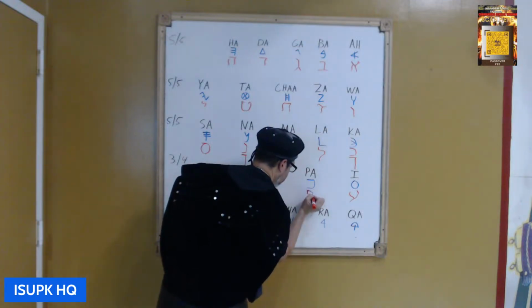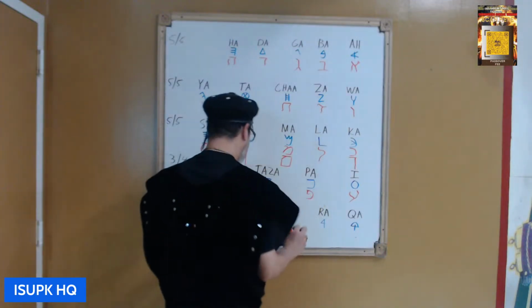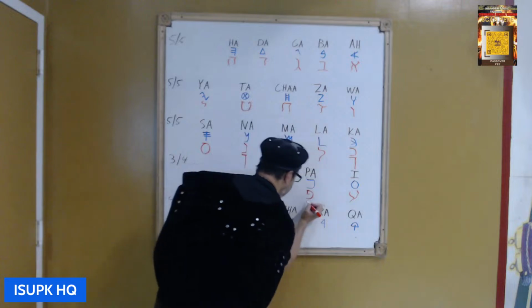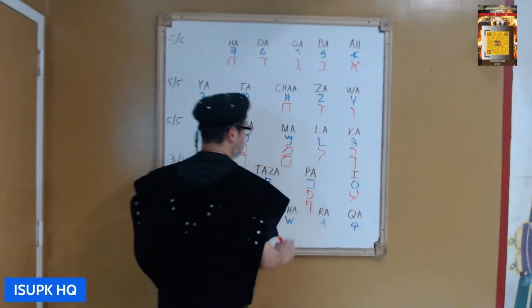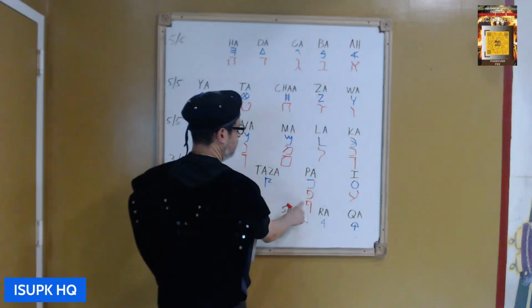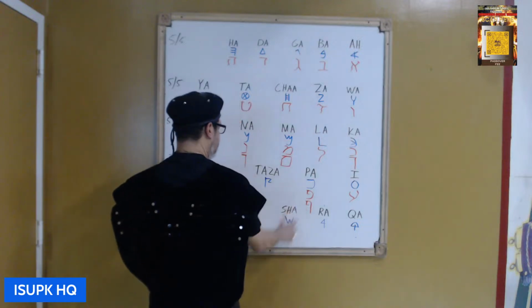So you have one circular, and then you have one that goes down. Okay? And that's the secondary character.